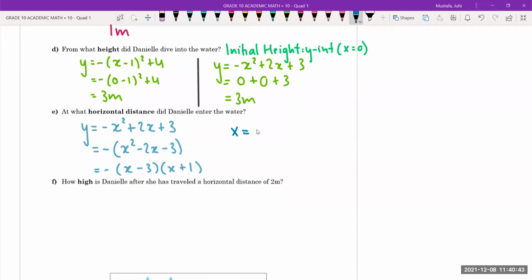One of them is x equals 3, and the other one is x equals -1. Which horizontal distance does not make sense in this question? Yeah, obviously you can't have a -1 distance. So it basically means that the horizontal distance that Danielle entered the water was 3 meters. So therefore, horizontal distance of 3 meters.